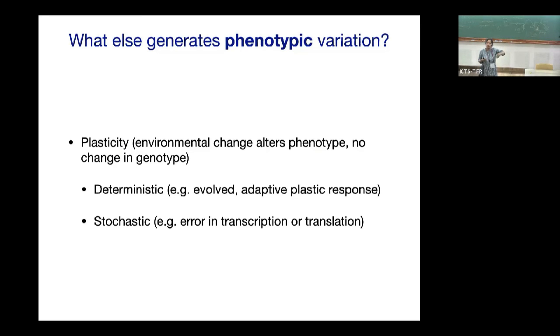Why? Because you're producing less protein or more protein, or slightly different protein because you're introducing different amino acid sequences at some small rate. And so that is going to look like plasticity, but it's not really dependent on environment cues necessarily, and it's not responding to that, it's just stochastic variation. So it's kind of noise.